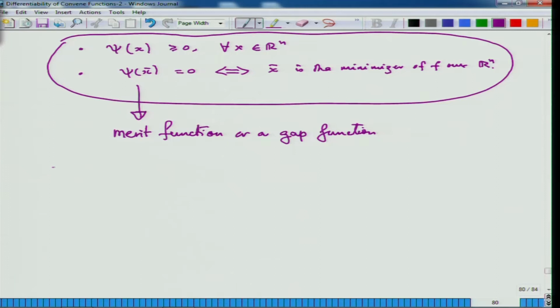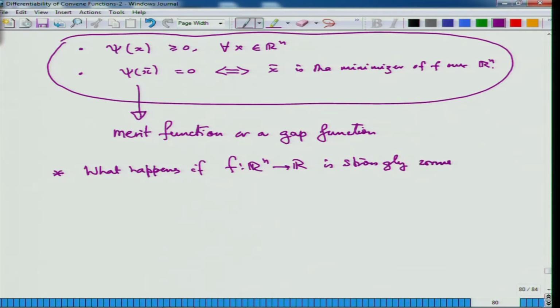The important question with which we will end our talk is the following: what happens if f is strongly convex, but we now minimize it over a closed convex set C?